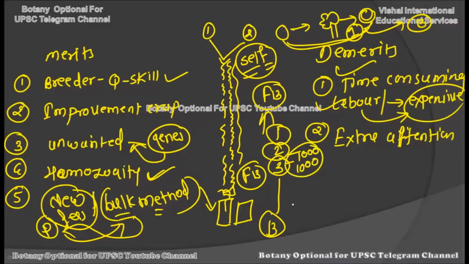So we have to analyze all these plants, and then finally, whatever plants we are left with, 100 to 200, all of these plants we also have to carefully examine. So basically extra attention is required for this pedigree selection, because it goes right from the first generation to the 13th generation, and every time, whatever plants are involved, we should give them maximum attention in order to remove the unwanted plants and select the wanted plants. So extra attention is required. This is the second major drawback regarding the pedigree selection program.